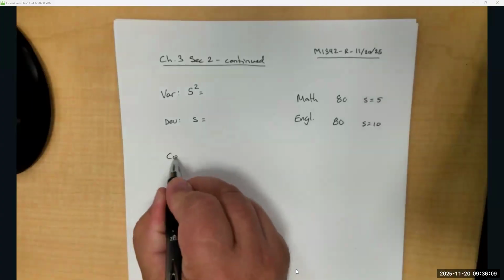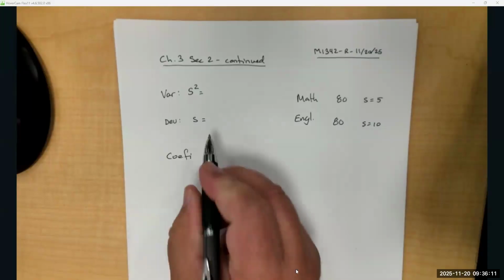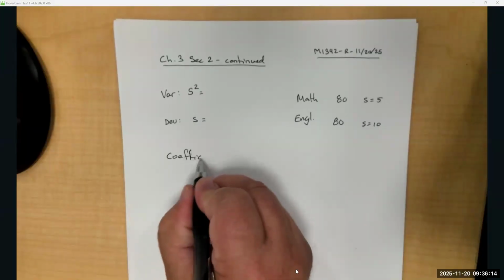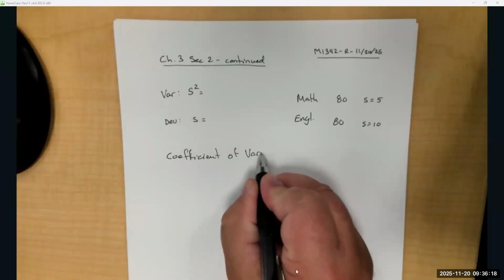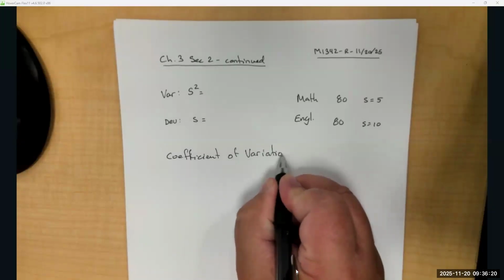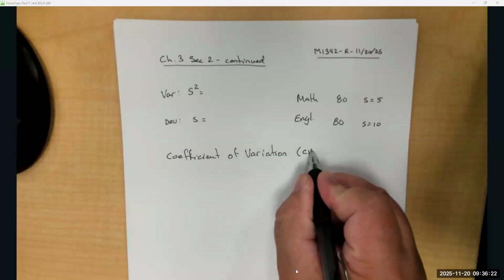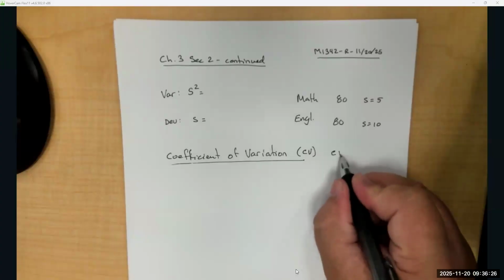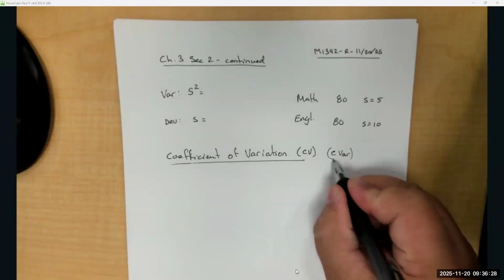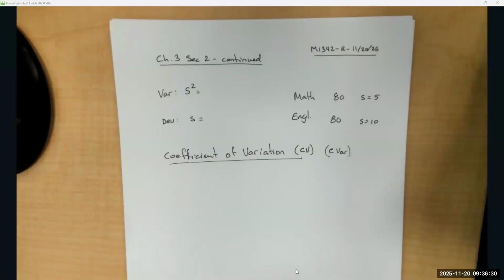It's called the coefficient of variation, or the CV. Some places you'll see it as CVAR. But what this does, it takes what we just talked about.